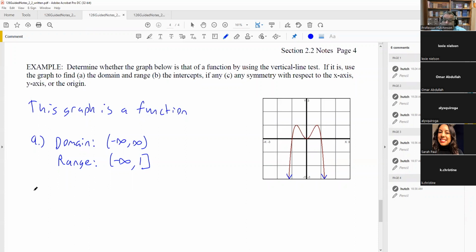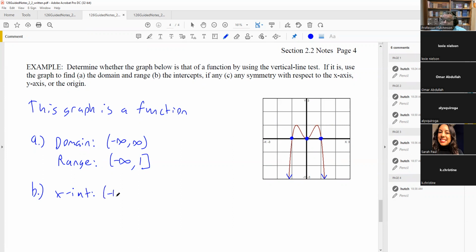So that's part A. Part B says, find the intercepts. Intercepts are going to be these 3 here that I'm circling, these 3 points. That's where the graph crosses either the x-axis or the y-axis. So we want to do x-intercepts. X-intercepts would be where it crosses the x-axis here.